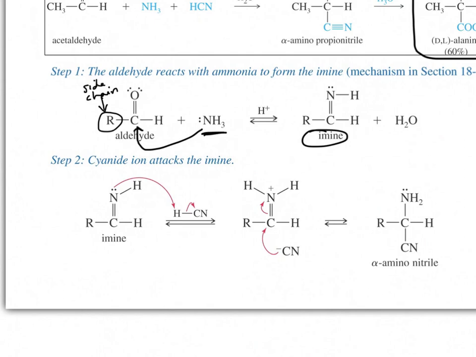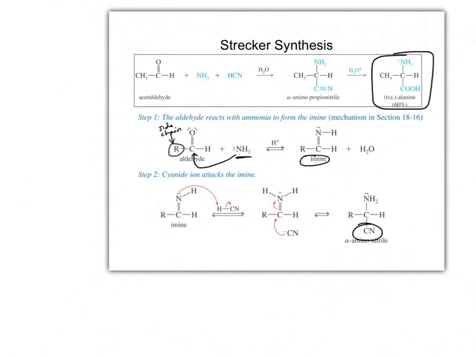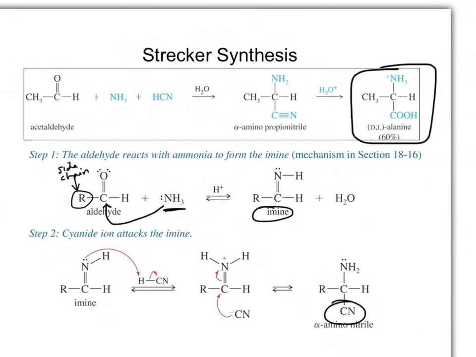And then CN- attacks, and you have an alpha amino nitrile. So I put a CN there. Very cyanohydrin-like. But now if you look at the product, though, let's squeeze back down. Taking a look at that product, it's not a cyanide group. It is a carboxylic acid. Well, how did that happen?